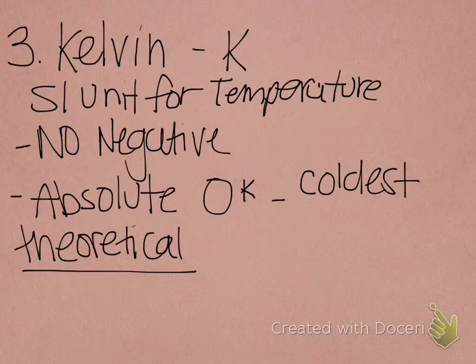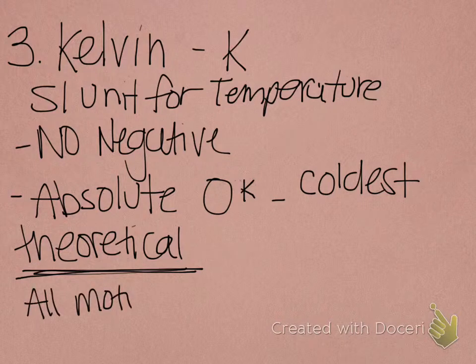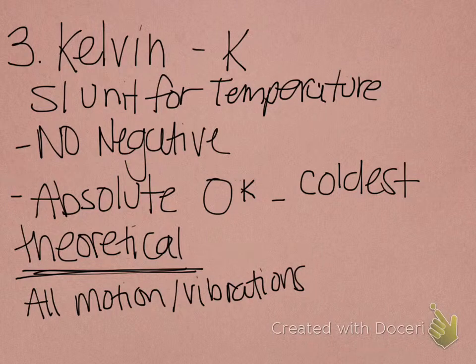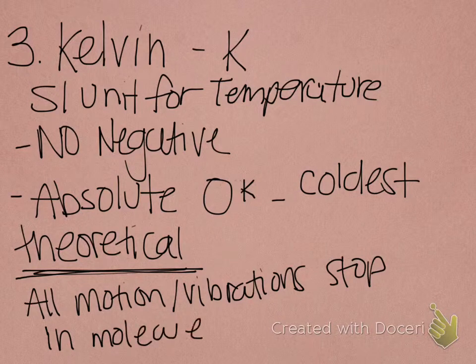So at this point, it is a theoretical view. But what we believe happens at 0 degrees Kelvin is that all motion and vibrations stop. So in terms of, I'm going to put in molecules here so we know what's actually moving.